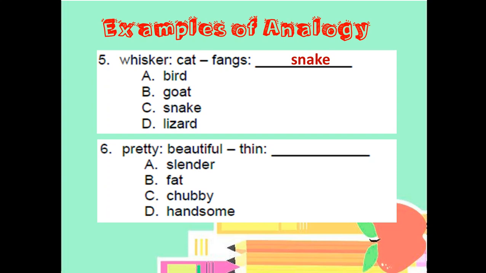Pretty and beautiful are on the same level when it comes on meaning. They are synonymous, they are similar, they are the same. Now, let us try to find the adjective that is similar to the meaning of thin. What would be your answer? That's correct. Letter A, slender means thin. They are synonymous. That's the relationship for example number 6.